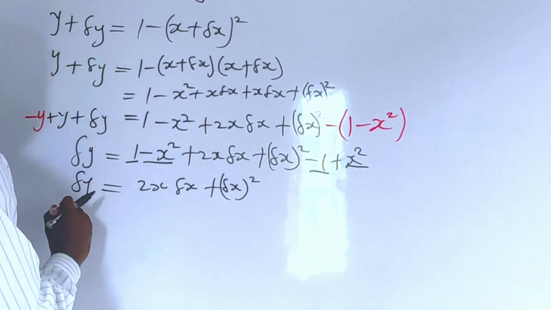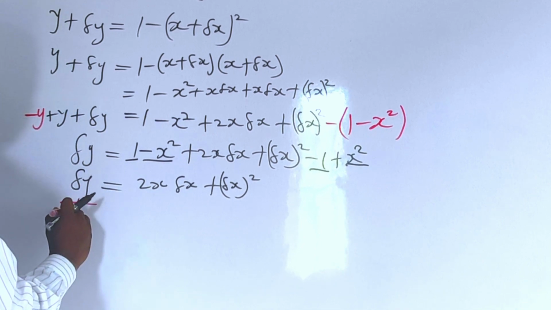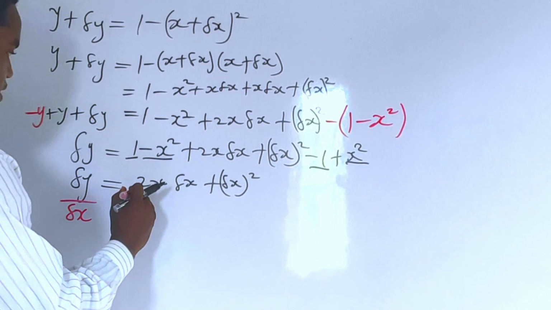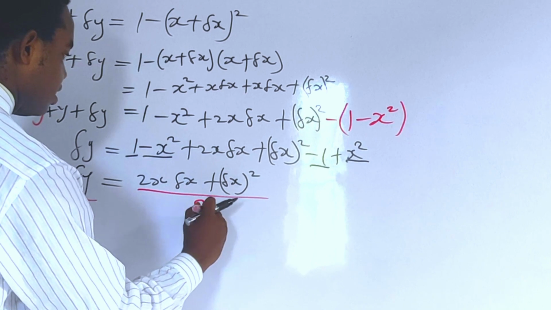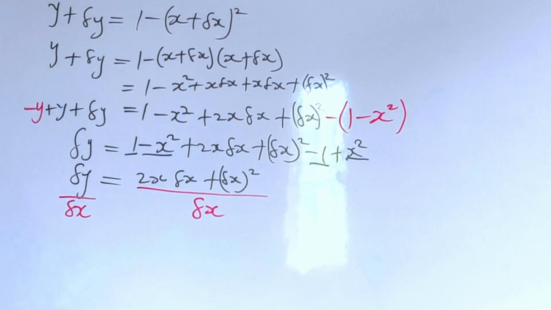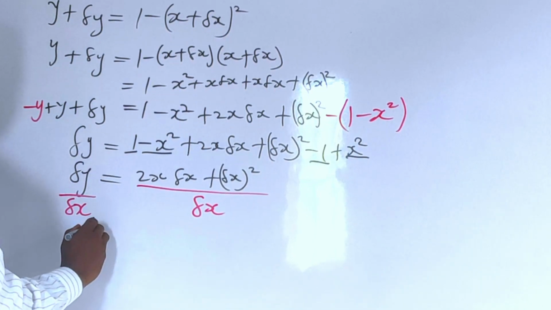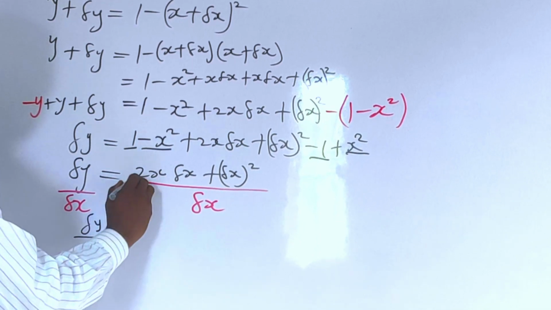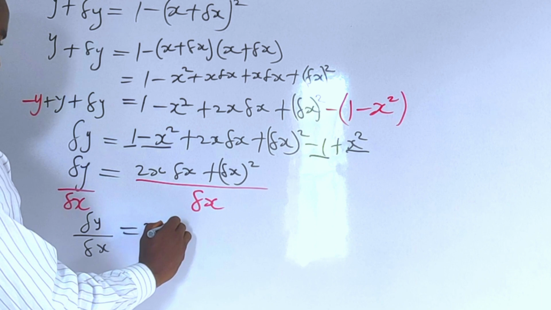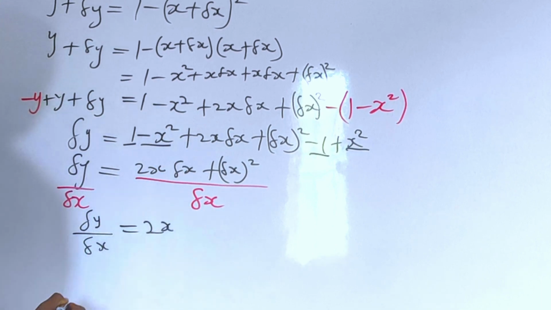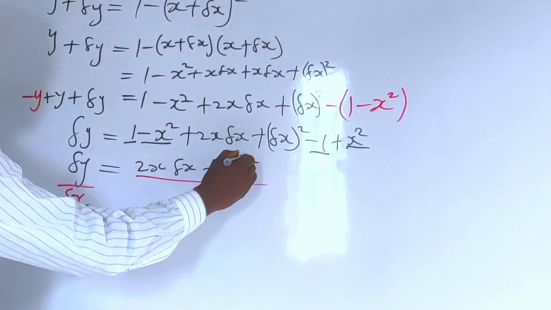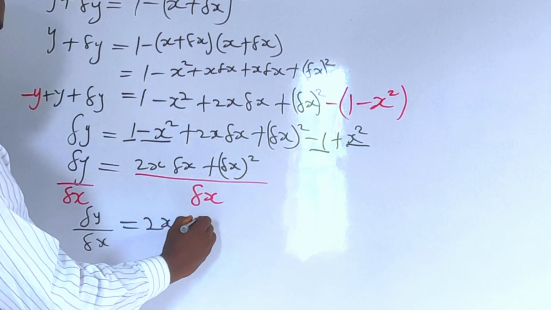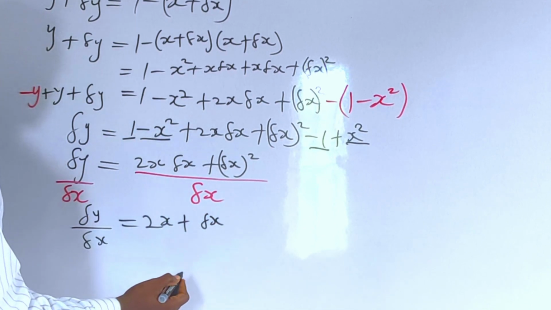So at this point, let us go on and divide both sides by delta x, okay? So we divide both the left-hand side and the right-hand side by delta x. And that's how we obtain delta y divided by delta x is equal to 2x, right? When we distribute the delta x to both components on top of the fraction there, and we reduce the other to delta x, right?